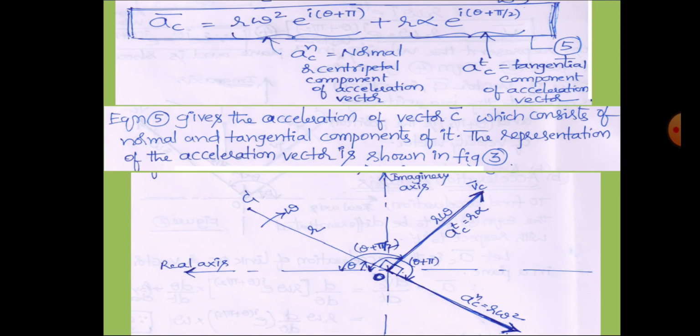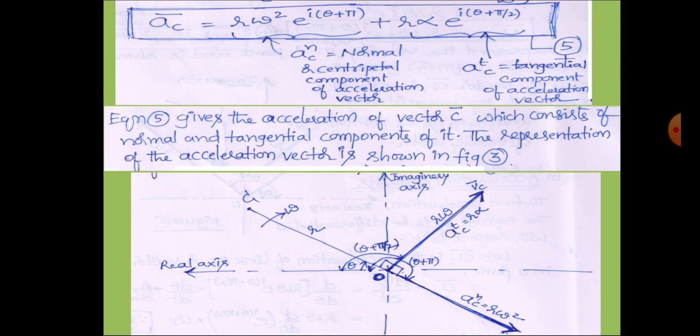It is representing the acceleration vector. In this, the first term represents the normal or centripetal component of the acceleration vector, where its magnitude is r omega square and its direction is theta plus pi.